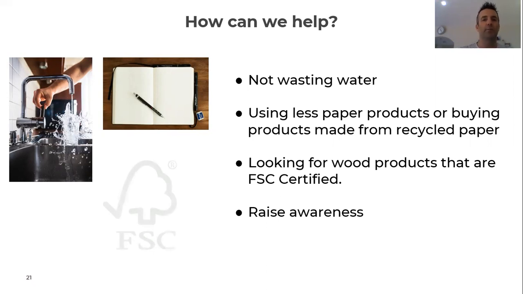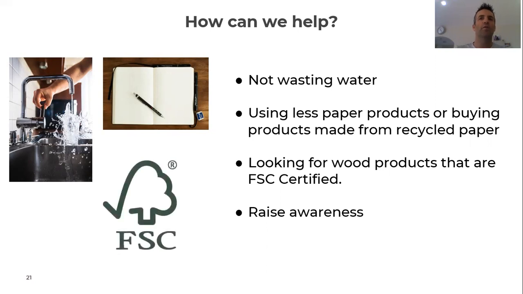And then finally, we've got this symbol here, which is the FSC symbol. And you can now see that on your screen. It's kind of like a tree, and then it's got a tick on the other side. Now the FSC is the Forestry Stewardship Council, and they're a worldwide organisation that makes sure that when we have products made out of wood or paper, they are made sustainably.